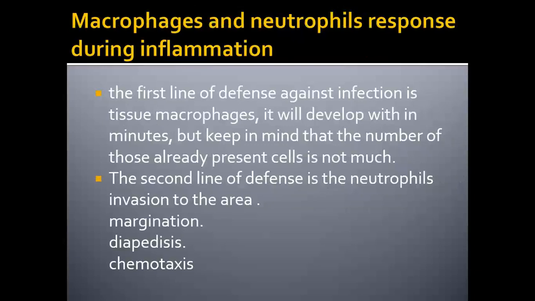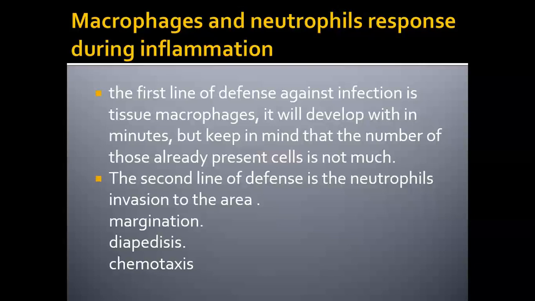So those cells are going to enlarge, develop, and become more active in order to counteract the infectious process. But we have to keep in mind that the number of those cells is not much inside the tissue. So the first line of defense will be the already present tissue macrophages.